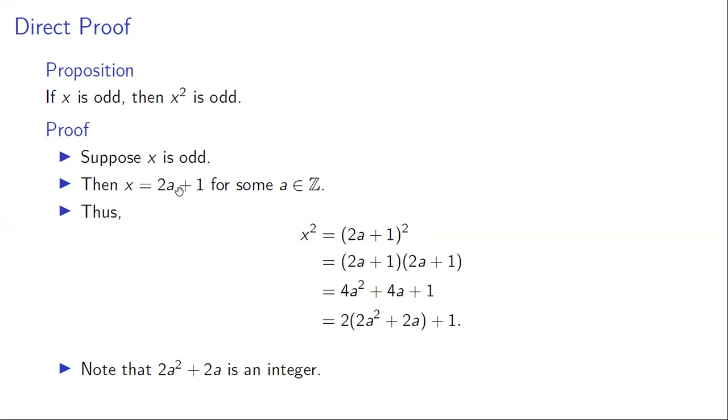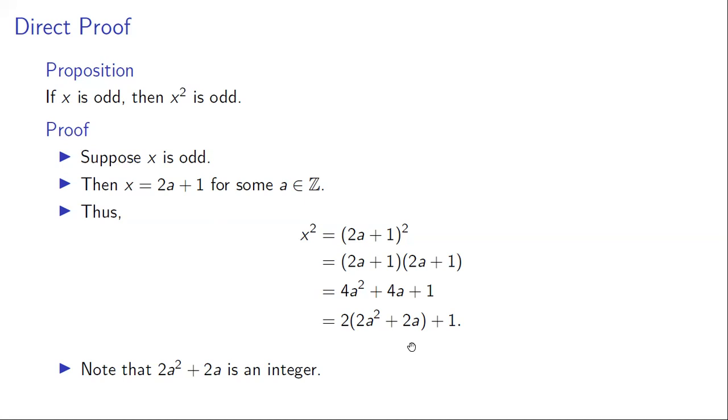We know a is an integer because we said x is equal to 2a plus 1 for some integer a. So we're defining a to be an integer from the beginning. So now when we have 2a squared plus 2a, that's just doing addition and multiplication with integers. So the result is going to be an integer.